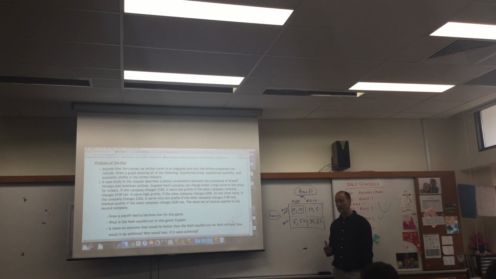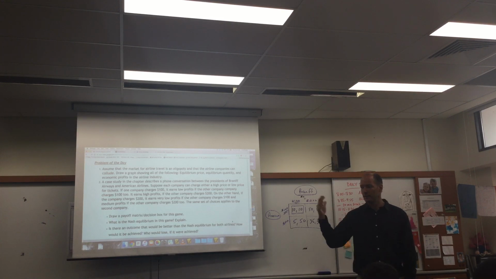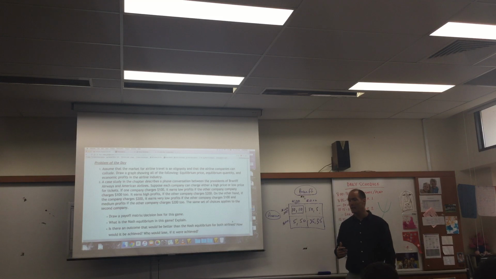That's the best outcome. That's Pareto efficiency. In supply and demand, it's at the intersection of supply and demand where the output is greatest. In this model, the Pareto efficient outcome is where the payoffs are highest collectively. So that would be here. This would be the Pareto efficient outcome. And we would assume that the players are going to try to get to this outcome.